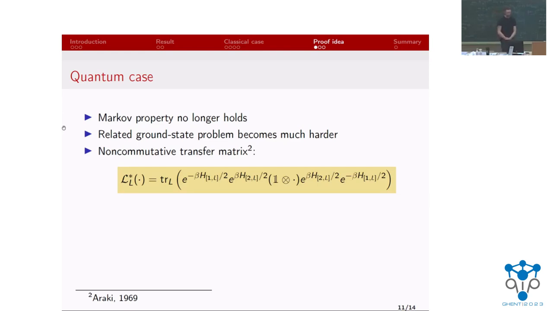And there has been something introduced analogous to this transfer matrix, a so-called non-commutative transfer matrix. This is a much larger formula than the one I showed before, but it has some analogy with the classical case. It's something that acts on operators and maps them onto operators. And it has these exponentials of Hamiltonians a bit, as we saw before, but not just one of these two-site interaction matrices, but a sum over L sites, and then a Hamiltonian on L sites.